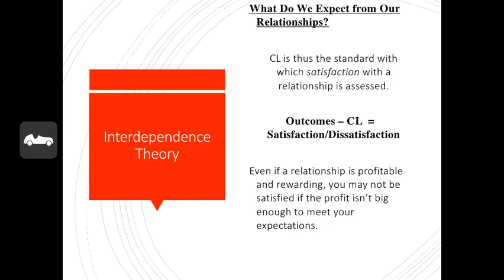And that is going to tell us how happy or unhappy, how satisfied or dissatisfied we are. Which is to say, even if a relationship is profitable and rewarding, the outcomes is positive, you still might not be satisfied if the outcome, the profit, isn't big enough to meet your expectations, your comparison level.